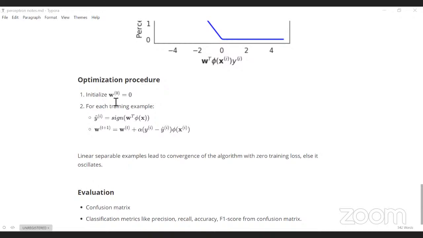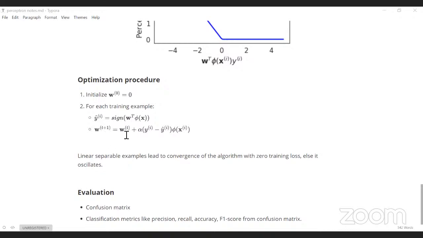You randomly initialize your vector. Here we are initializing with a 0 vector, and you check whether each and every example is correctly classified or not. You check the predicted value, and then update the weight vector.